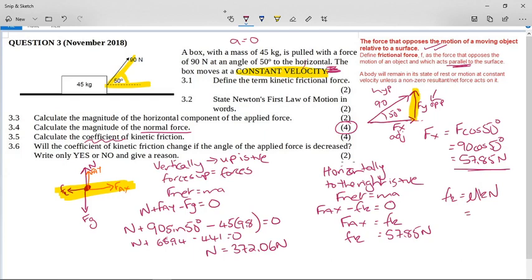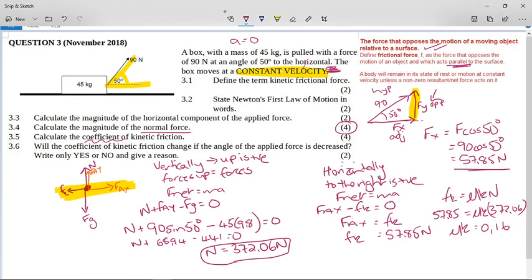Okay, so the force of kinetic friction, which we just worked out here, is the same as the x component of the applied force, 57,85, equals mu times the normal, and remember we worked out the normal over here. So this is 372,06. Okay, so to work out the coefficient of kinetic friction, it's the force of friction over the normal force, and if you put that into your calculator, you get 0,155 something.